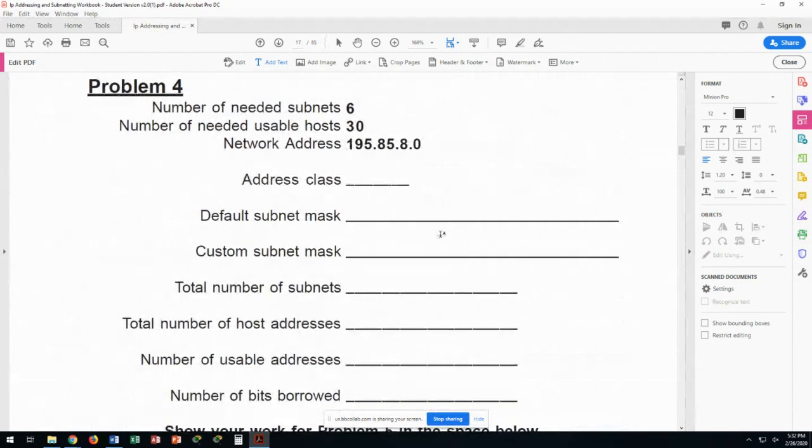Okay, so our IP address is 195.85.8.0, and we want 6 subnets with 30 usable hosts.